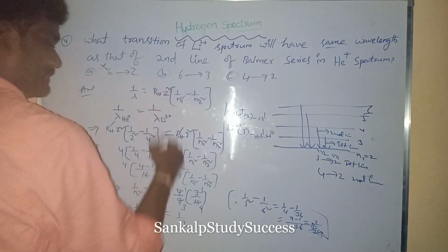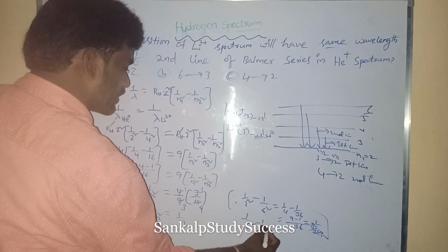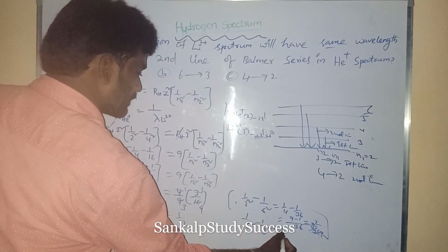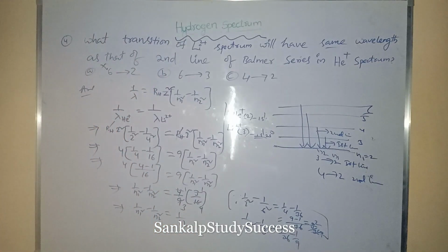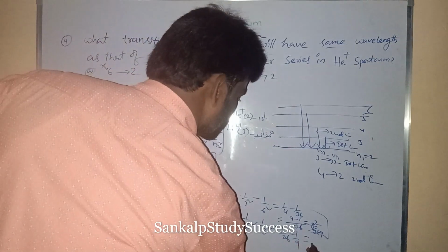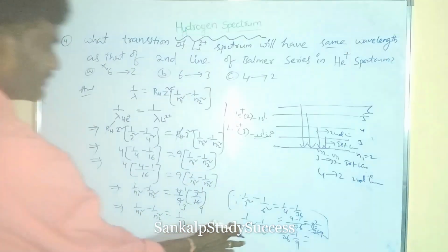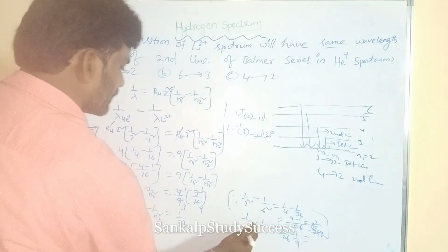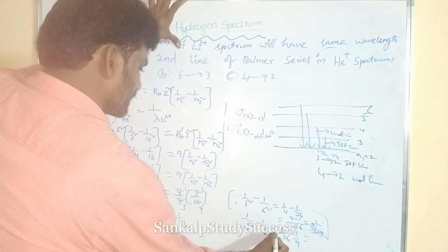Next, 6 to 3. So 1 by 6 square minus 1 by 3 square, 1 by 36 minus 1 by 9. So this is also not right, sorry, 1 by 3 square minus 1 by 6 square.